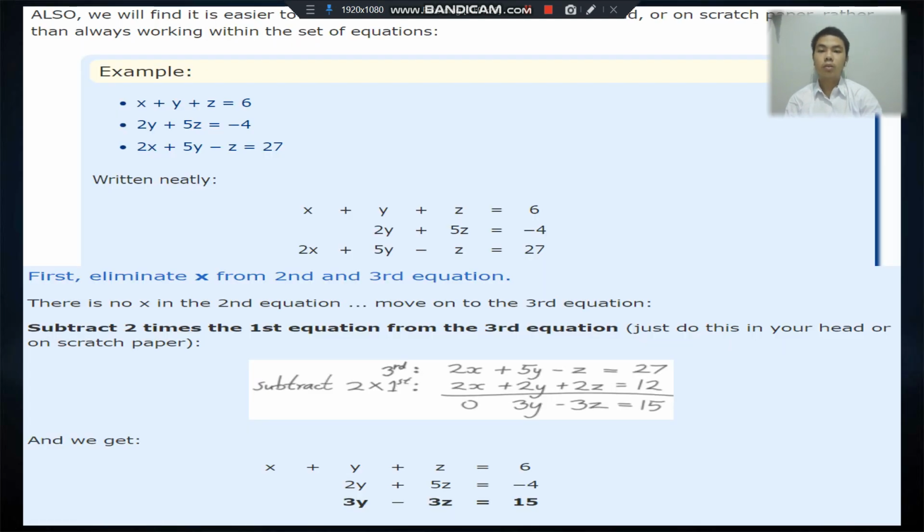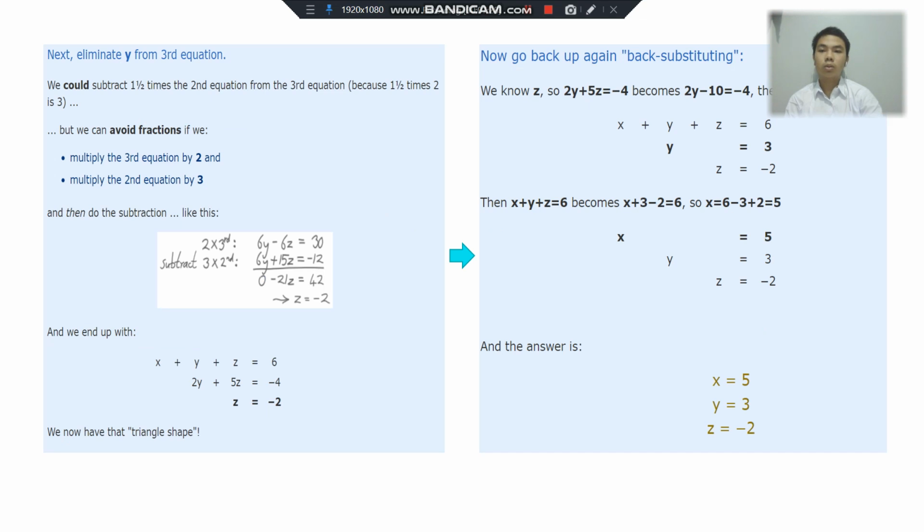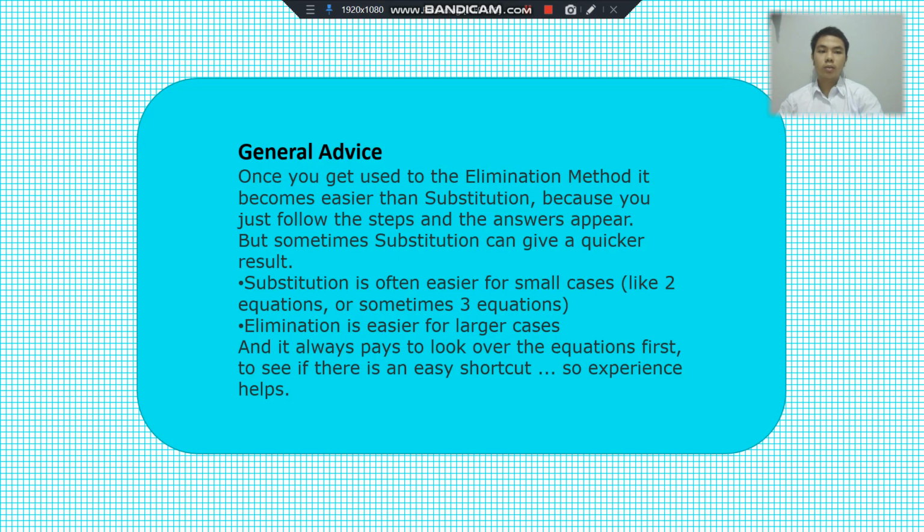This is example 2. Next, eliminate y from the third equation. We could subtract 1/2 times the second equation from the third equation. This is the elimination method.